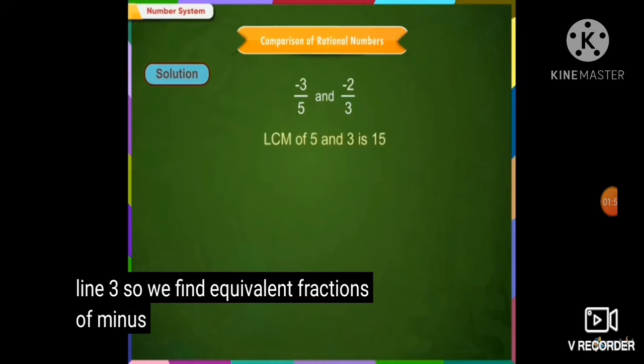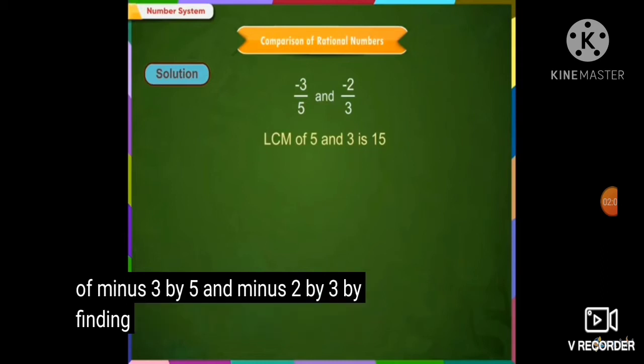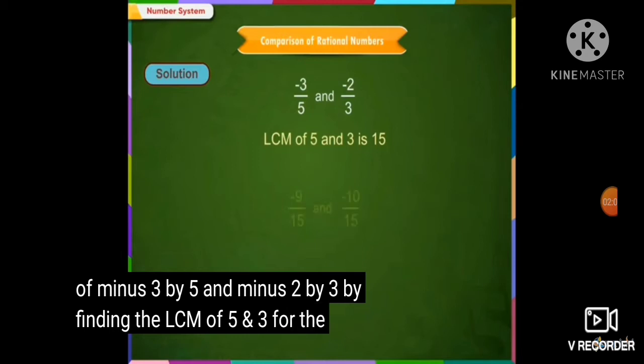The LCM is 15. Now you have to make those two rational numbers into equivalent fractions. Here minus 3 by 5 and minus 2 by 3, by finding the LCM of 5 and 3, you can compare the rational numbers with different denominators easily.